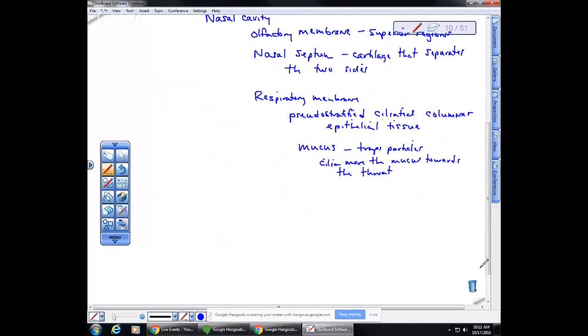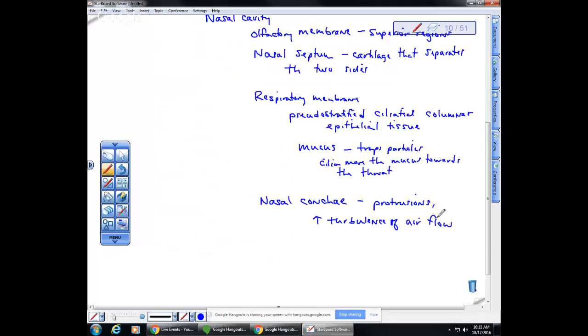Now, there are some other structures in the nasal cavity, which are called the nasal conchae. Right? And these are protrusions. And they're believed to increase the turbulence of airflow.